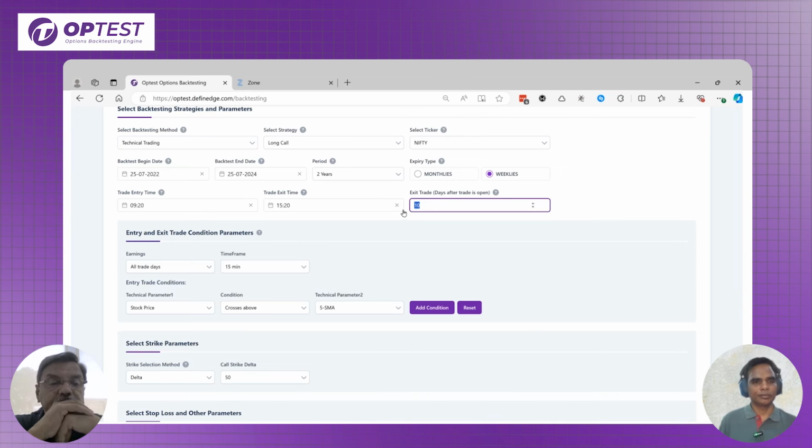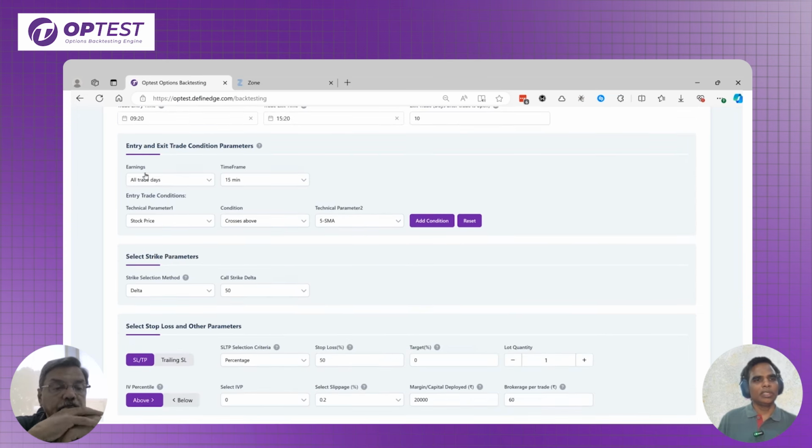Here we are including all trade days and earnings trades. Sometimes some people want to exclude trades which involve earnings. So here we are choosing all trades and a 15-minute time frame for the technical parameter. We are choosing the stock price, which in this case will be the spot price.